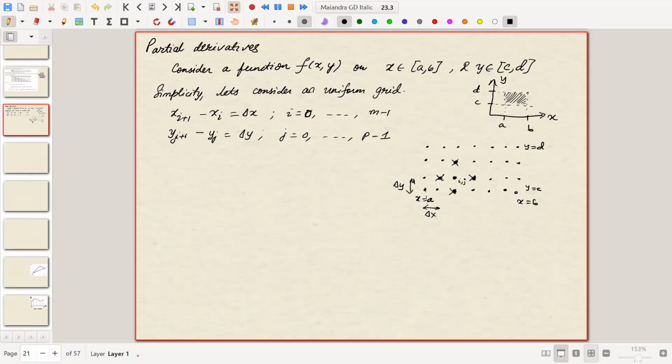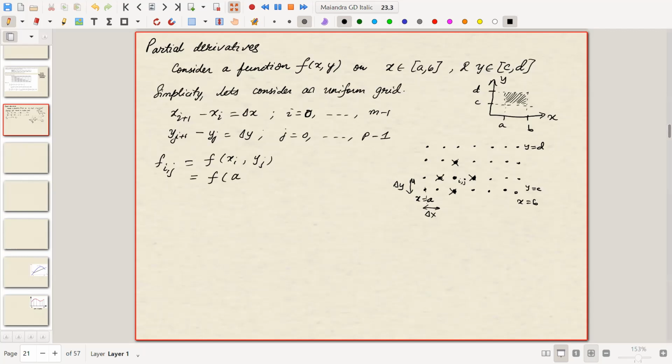Here, for the function f(x, y), last time we used the notation f_i. Similarly, here we will use the notation f_{i,j}. What is f_{i,j}? It is f(x_i, y_j). How will you get x_i?